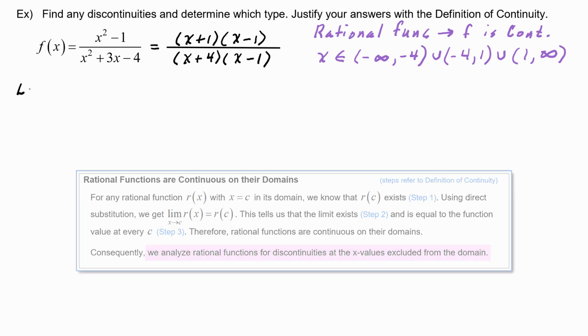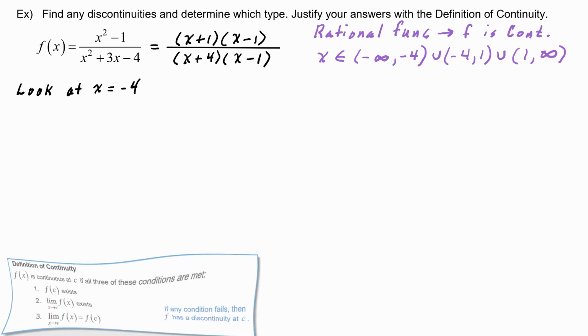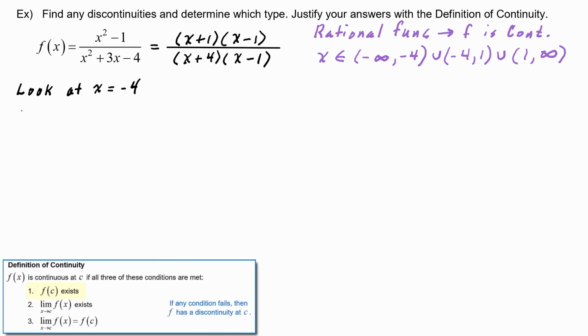So let's look at x equals -4. We'll start there and apply the definition of continuity. Step 1 tells us we have to do f of -4. Now, if we plug -4 in, we get 0 in the denominator, so this does not exist.